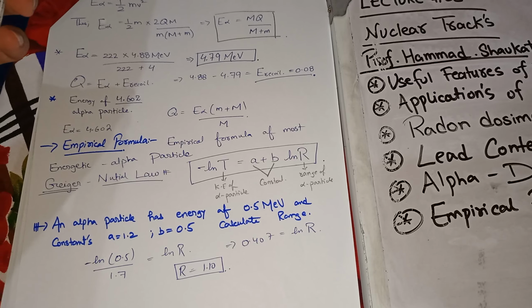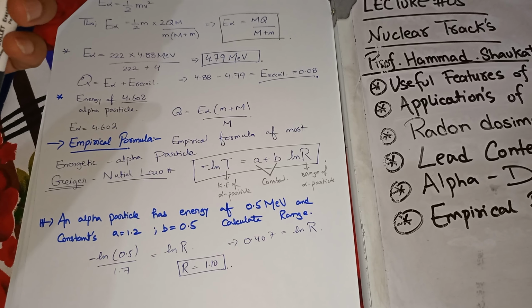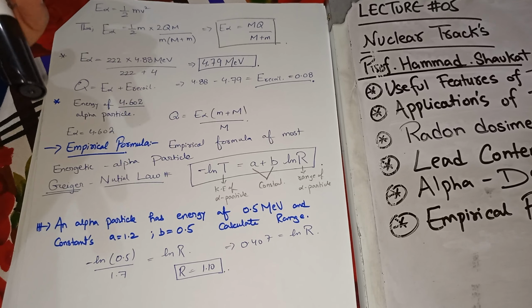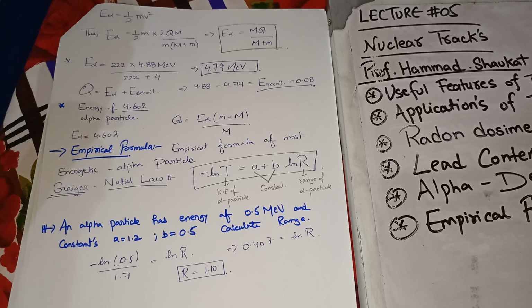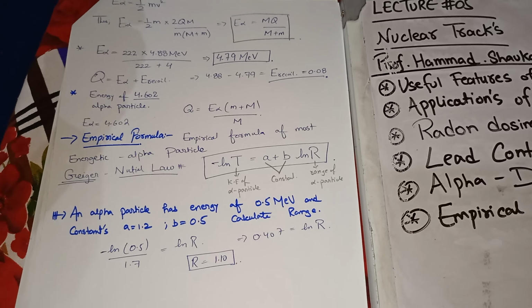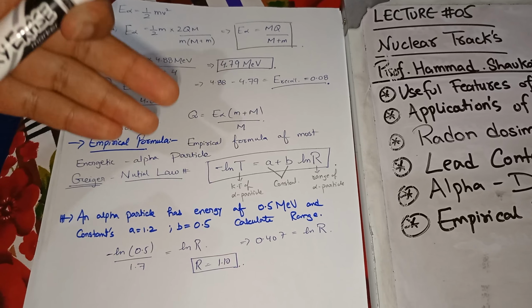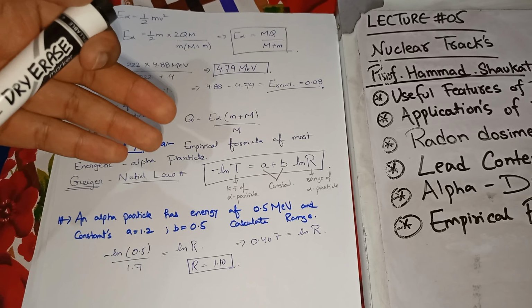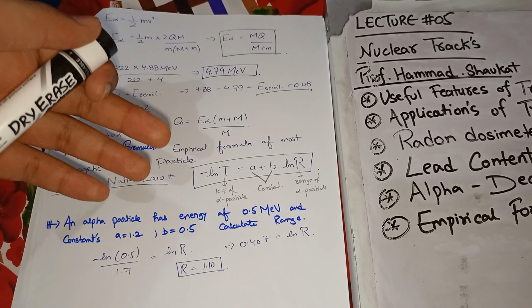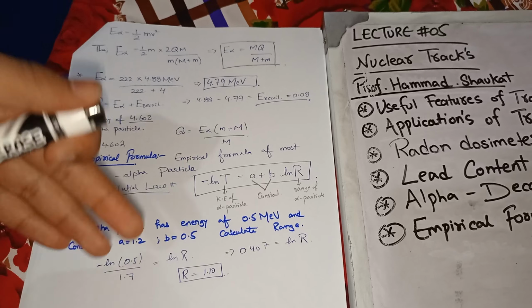This is the relation of the Geiger-Nuttall law for the empirical formula, used for the most energetic alpha particles.